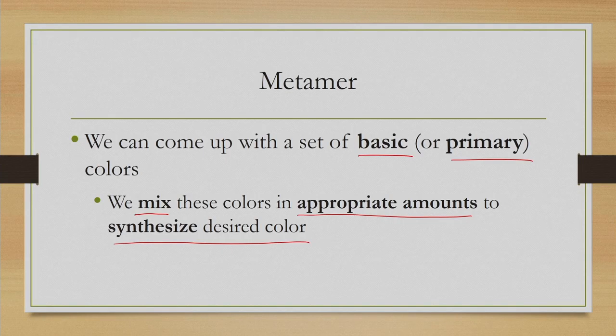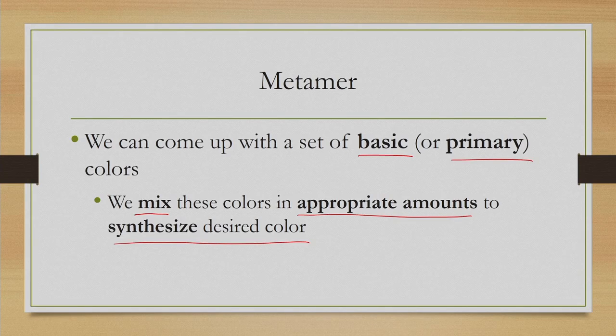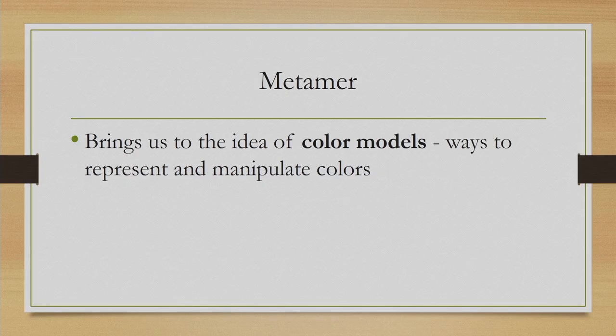Instead, we can always come up with a set of primary colors or basic colors, and then we combine or mix these colors in appropriate amounts to get the sensation of the desired color. So, the idea boils down to finding the set of basic or primary colors.